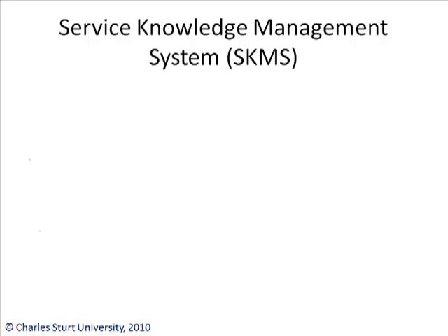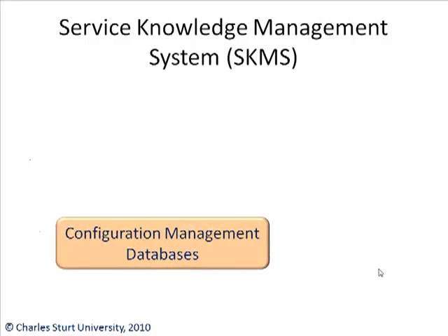The Service Knowledge Management System, the SKMS, is another model explained within the Service Transition volume as part of the Knowledge Management chapter. The SKMS is all about creating a number of repositories, databases that contain data, information, and knowledge. So here we talk about the Configuration Management Databases, the CMDBs, and they typically contain information on configuration items, the CIs, and the important relationships between those CIs.